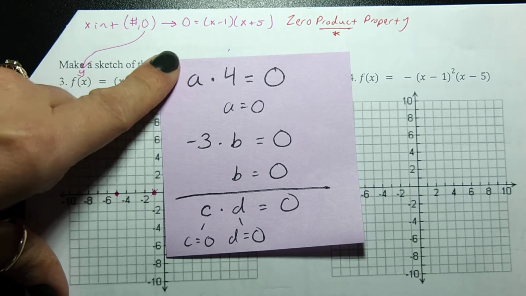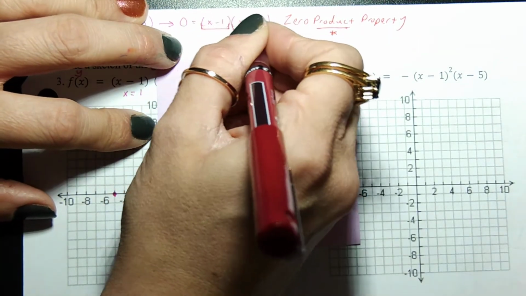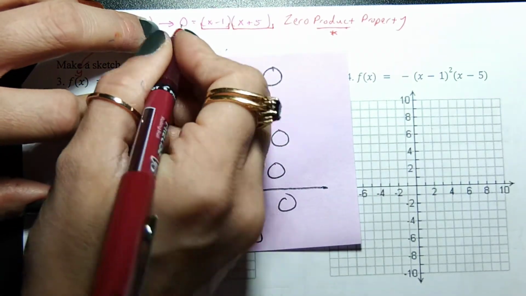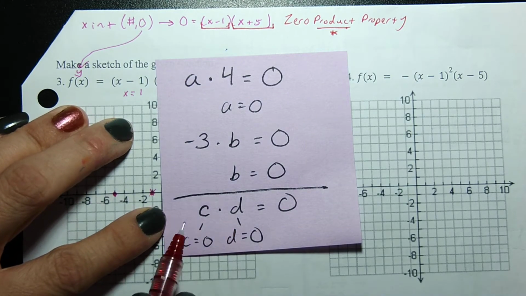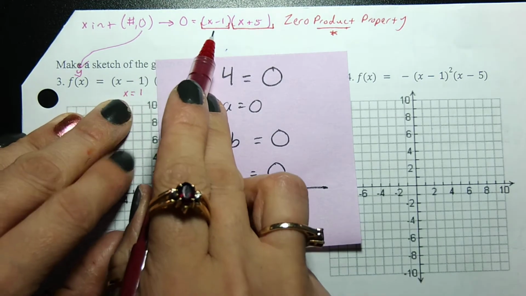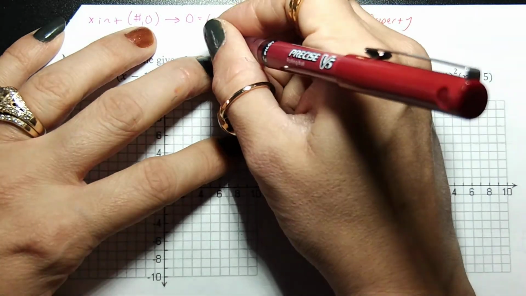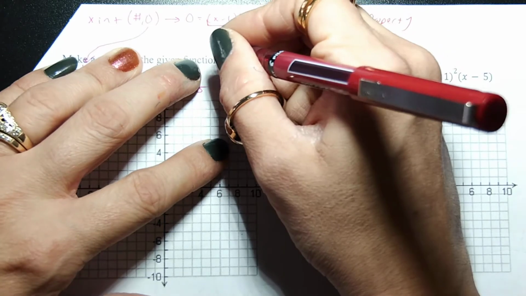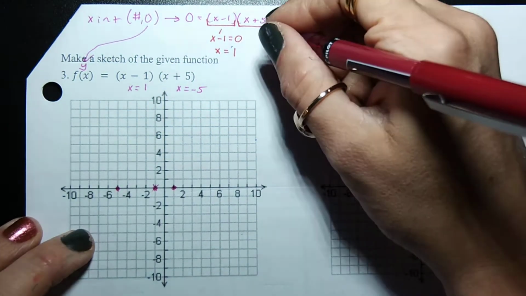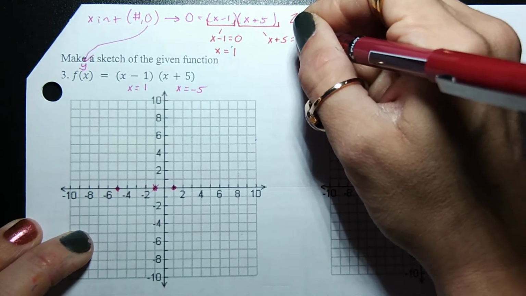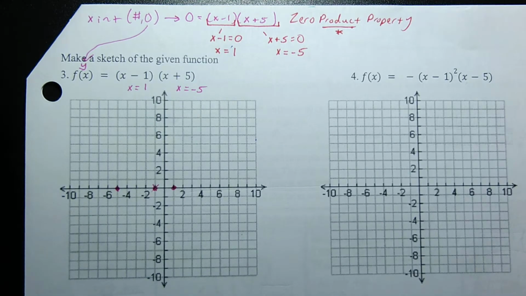So here, if I have this factor times this factor equal to 0, what does that tell me about the two items, similar to what we had with c and d? It means one of these has to be equal to 0. So if we set x minus 1 equal to 0, then we would see that x is equal to +1. If we set x plus 5 equal to 0, we see by subtraction that x is equal to -5.